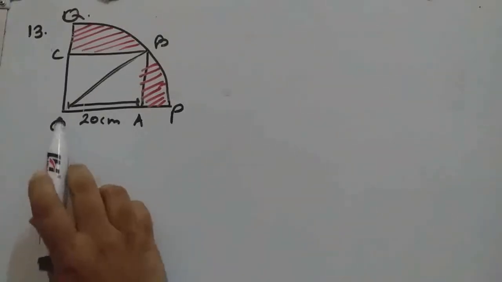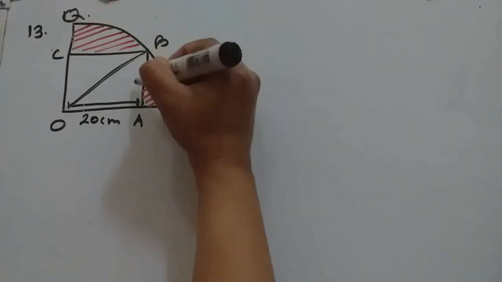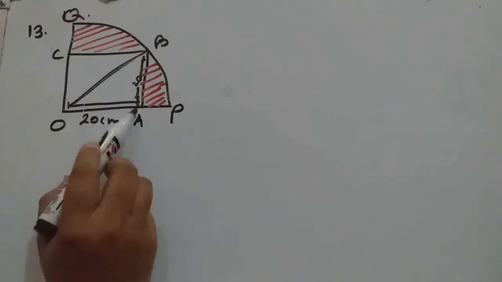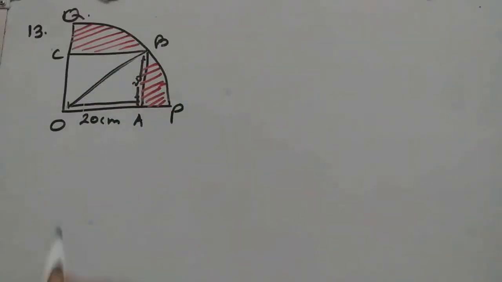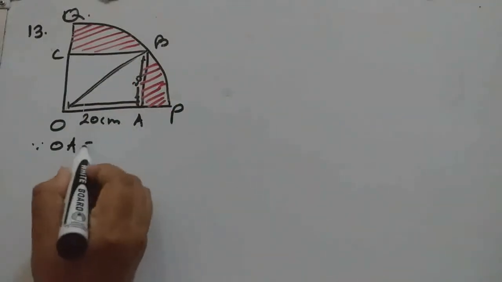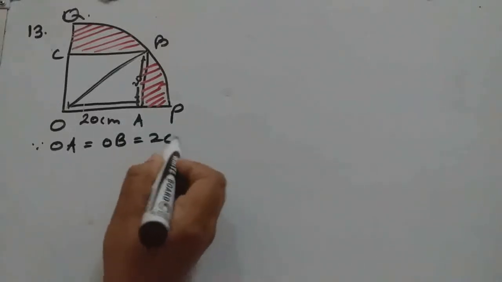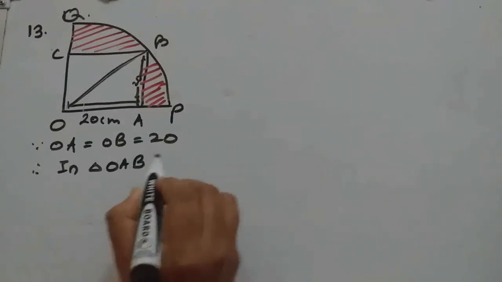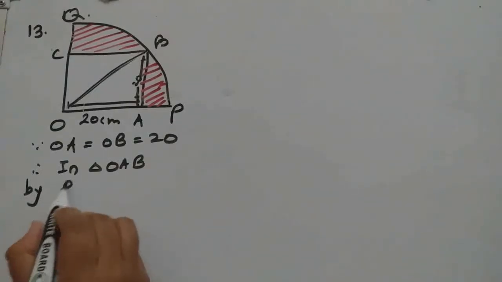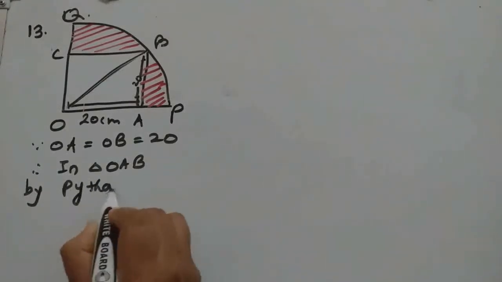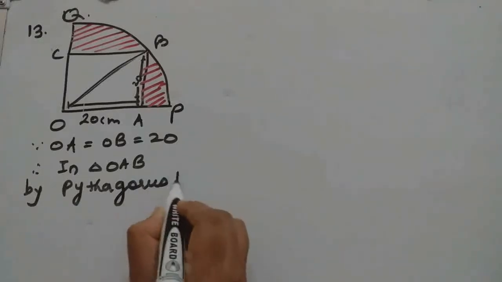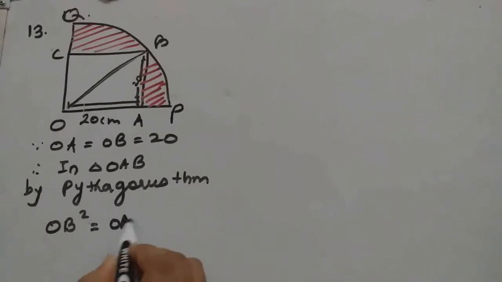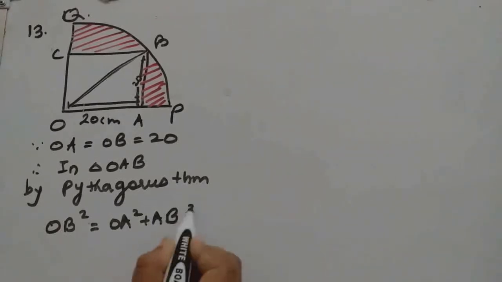So how can we find r? See, OA is 20, OB is also 20. So we can apply Pythagoras theorem in triangle OAB. Since OA is equal to OB is equal to 20, by Pythagoras theorem we can write OB square equals OA square plus AB square, isn't it?